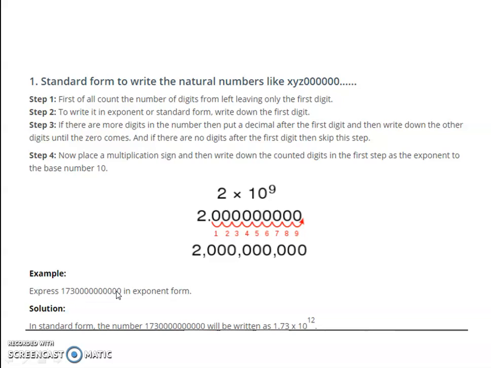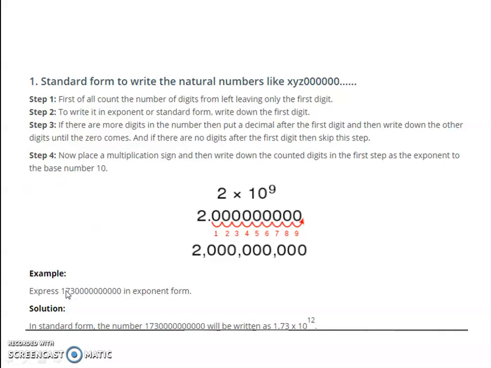After that you have 10 zeros. And if there are no digits after the first digit, then skip this step. Now place a multiplication sign, and then write down the counted digits in the first step as the exponent to the base number 10.